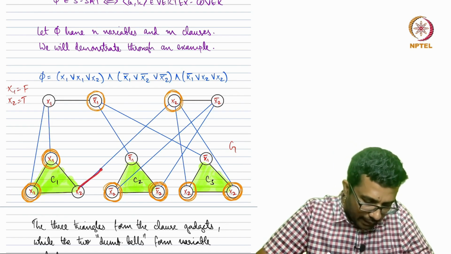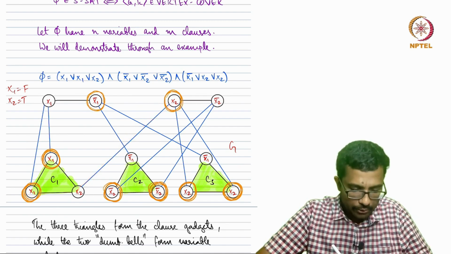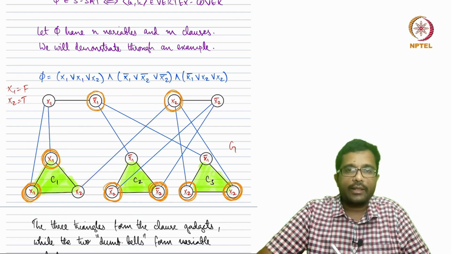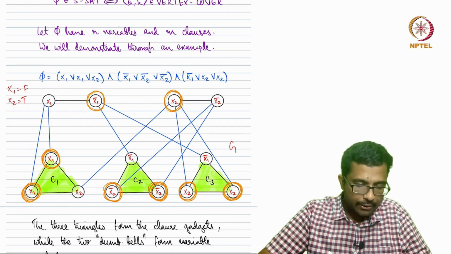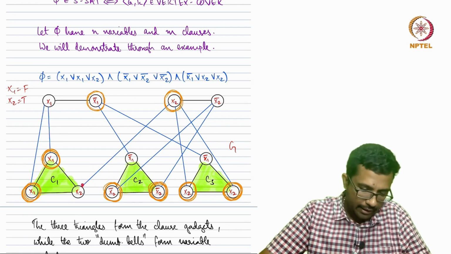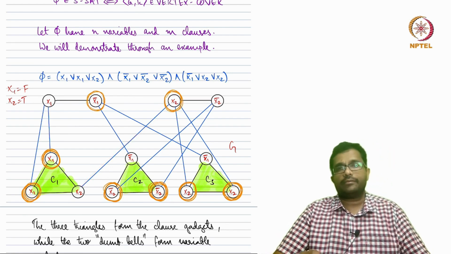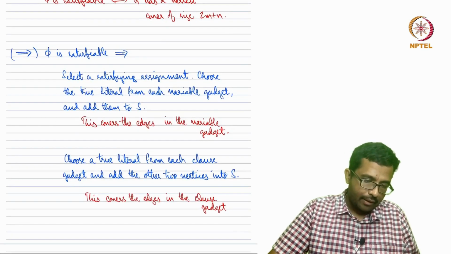Hence that explains how this edge is also going to be covered, because this x2 is not part of the vertex cover only because it is a true literal, and because it's a true literal, this endpoint is going to be part of the vertex cover. Hence these edges are also covered.